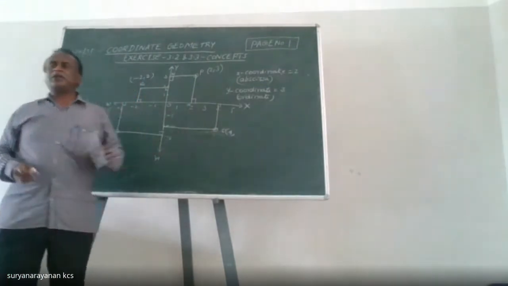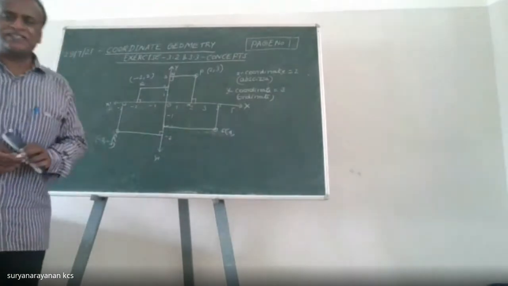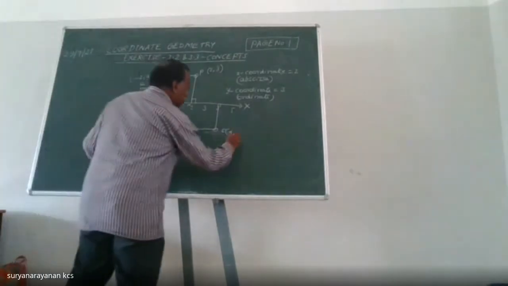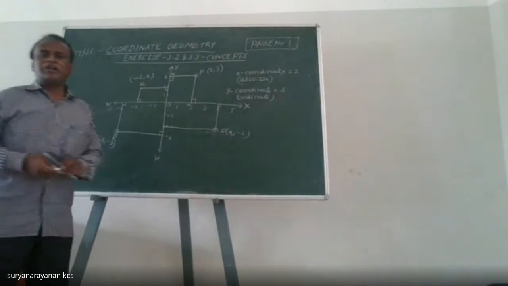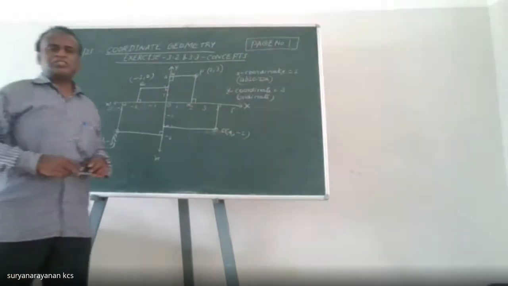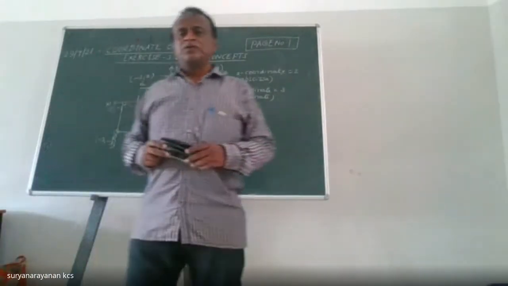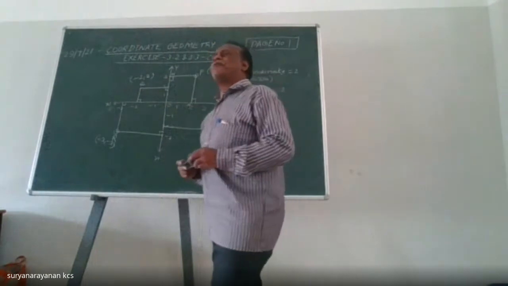So this perpendicular line meets the y-axis at number -2. So that number is the y-coordinate. Understood this point, my children? Is this point clear to all of you?